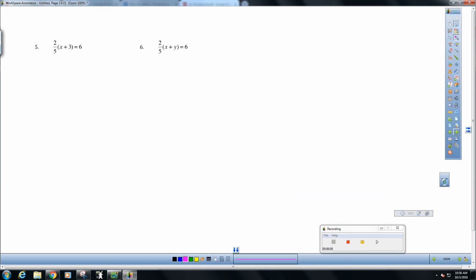Okay, so now we're going to do this guy. You could do the distributive property, but I'm not going to do that. I'm going to divide by 2/5 on each side.